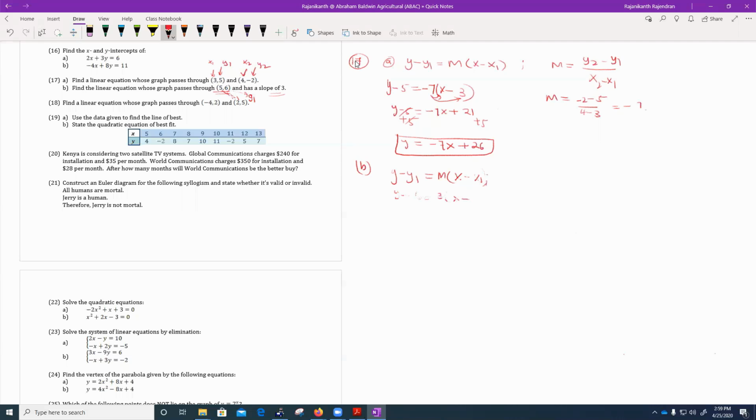Now distribute the 3 inside, you will get 3x minus 15 on this side, and on that side y minus 6. Now add 6 to both sides to cancel this. Therefore y is equal to 3x, negative 15 plus 6 is negative 9. So this is my answer.